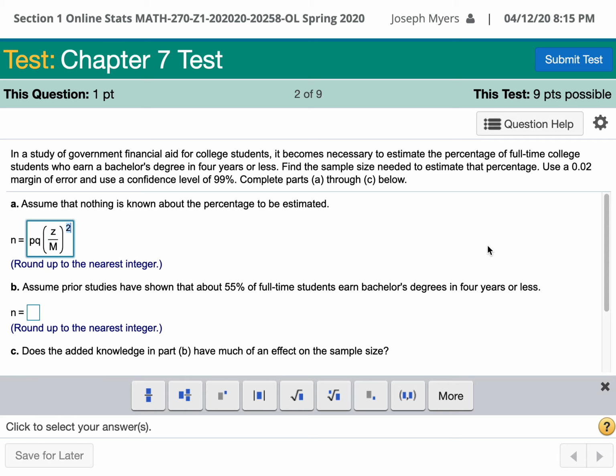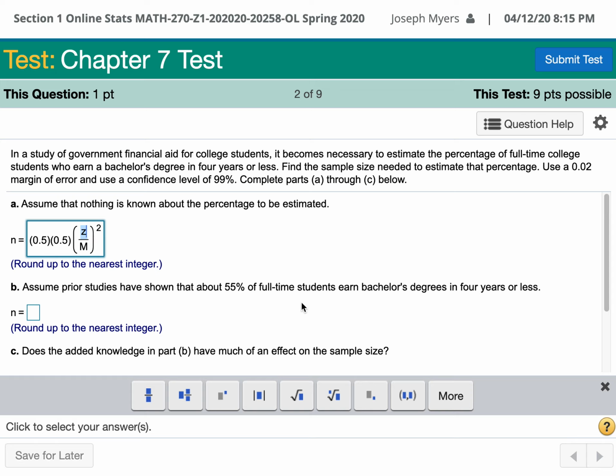If you don't know anything about the percentage to be estimated, then you assume that P and Q are both equal to 0.5. If you don't know anything about it, you just assume that.